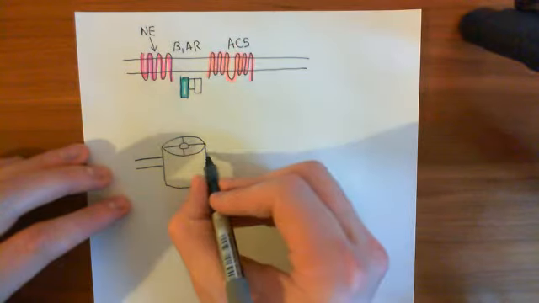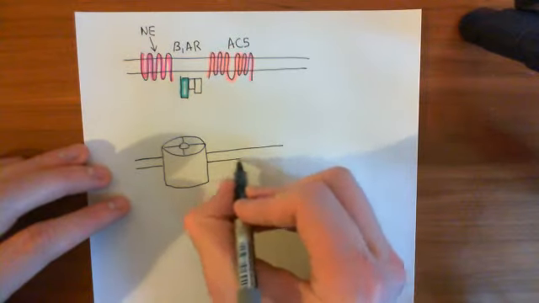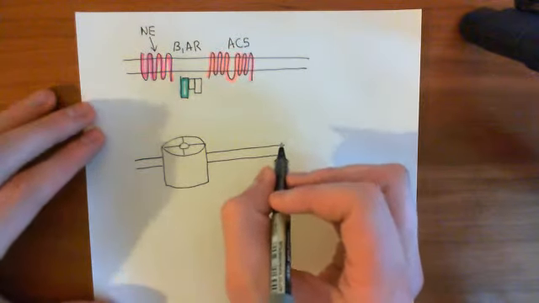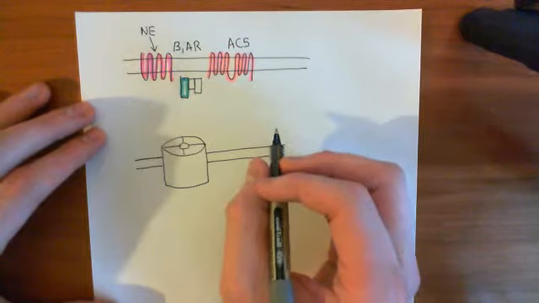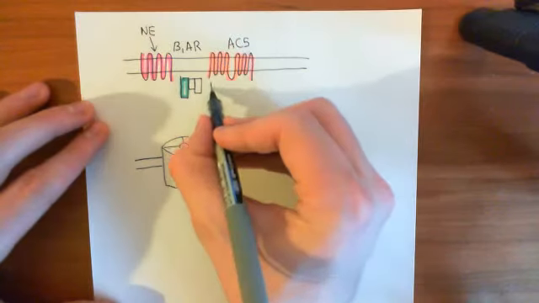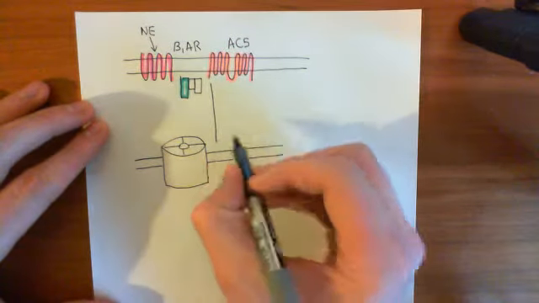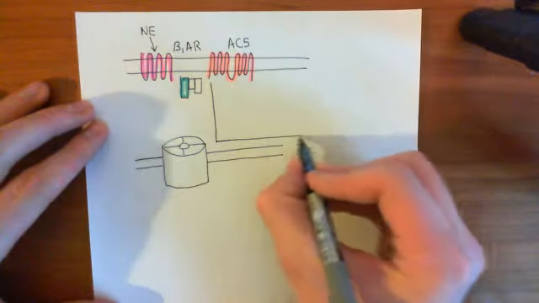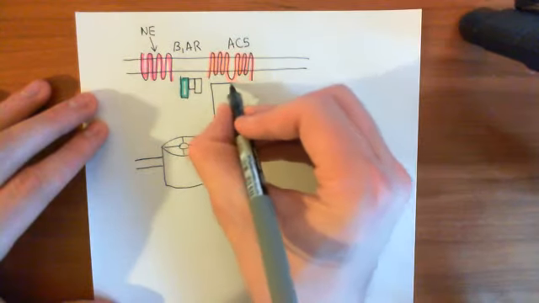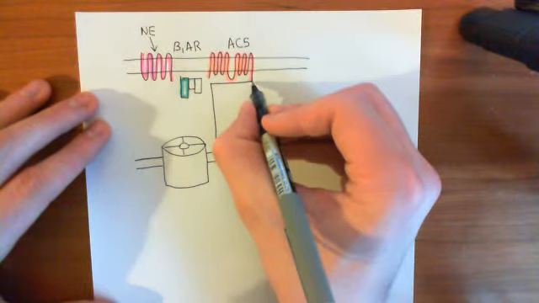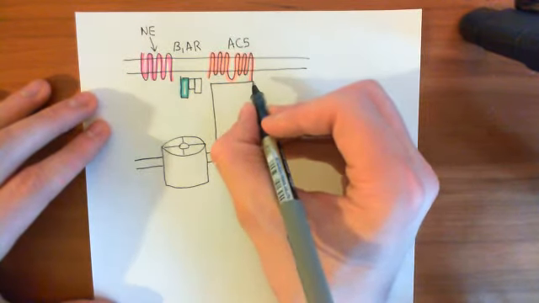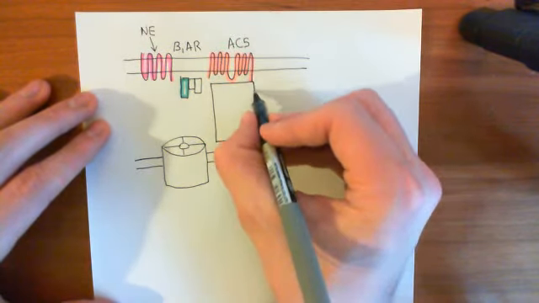And we want to try and phosphorylate this. So what we have basically is another A cap. Here's this other A cap, which is bound to the adenylyl cyclase 5, and it's got to specifically be adenylyl cyclase 5 that it binds to here.